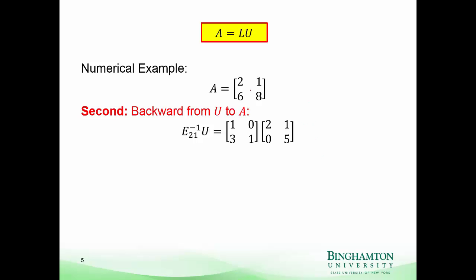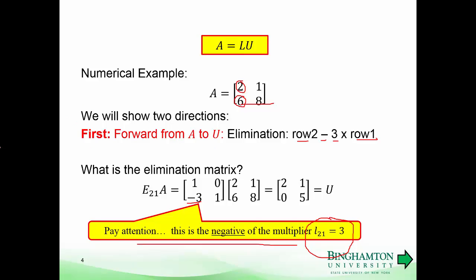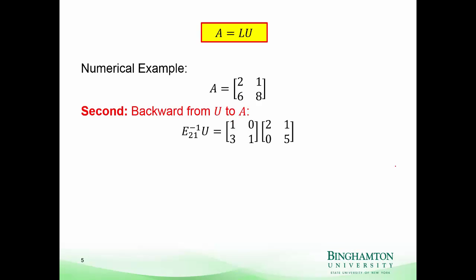So let me back up here. As we have here, E21 times A gives us U. Well, to get A back, what we need to do is multiply from the left by the inverse of E21, and that means we would also put that in there as well. So A would be E21 inverse times U, and that's what we're showing here.